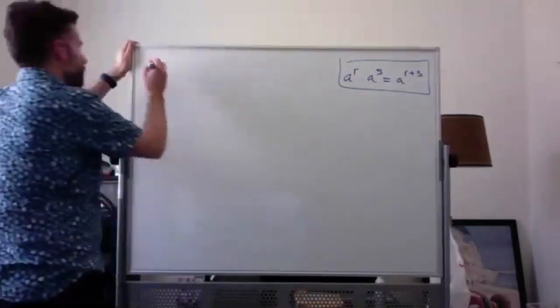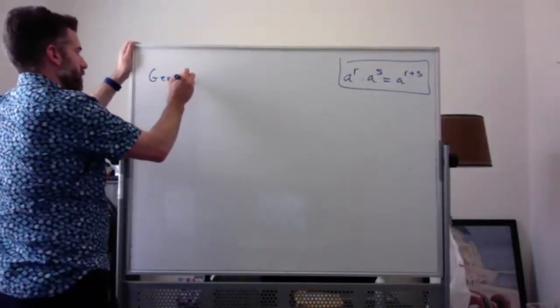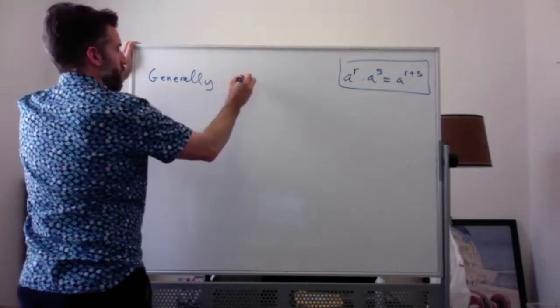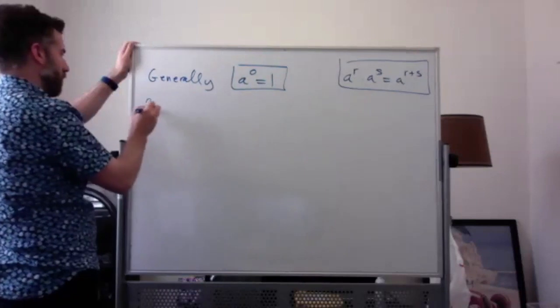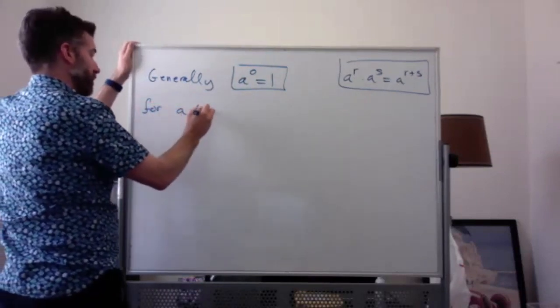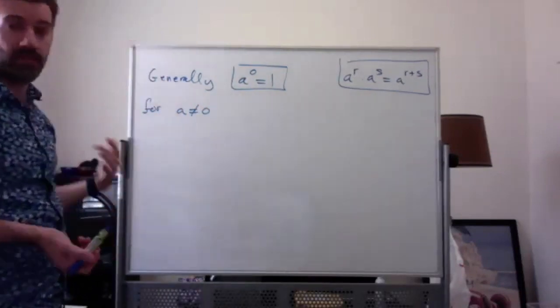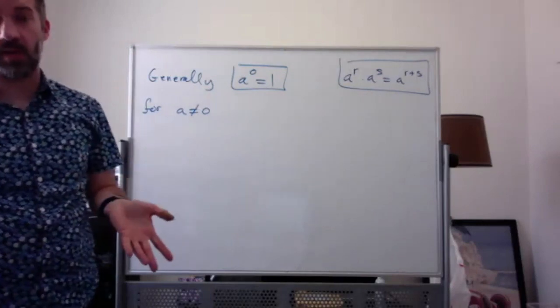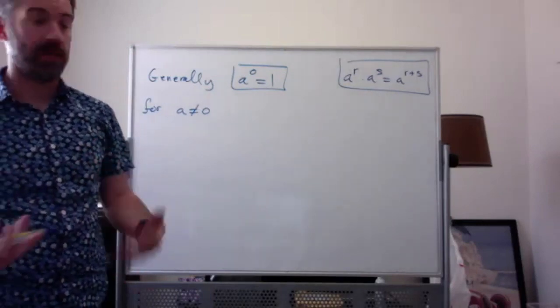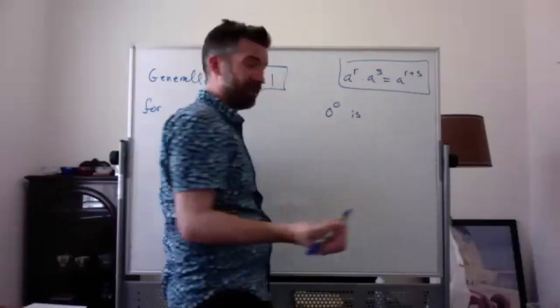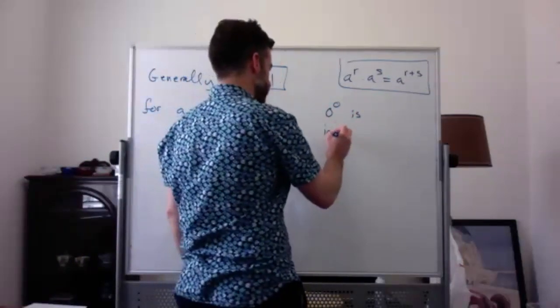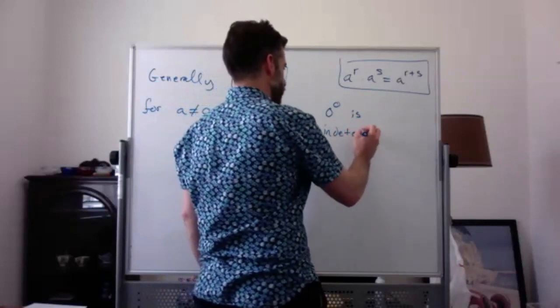So I should make a blanket statement though. Generally, a to the 0 is equal to 1 for a not equal to 0. It is important here that a is not 0 because 0 to the 0 is actually not defined. So 0 to the 0 is actually called indeterminate.